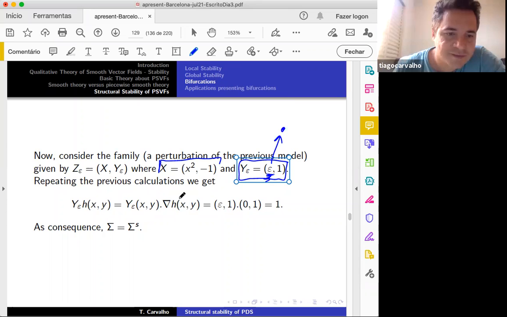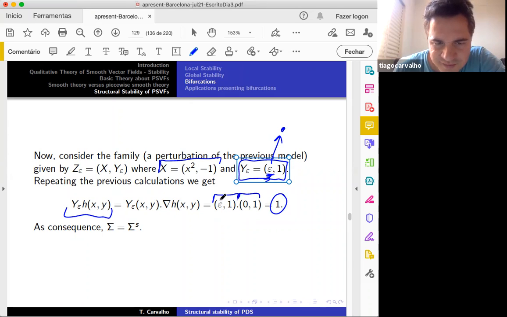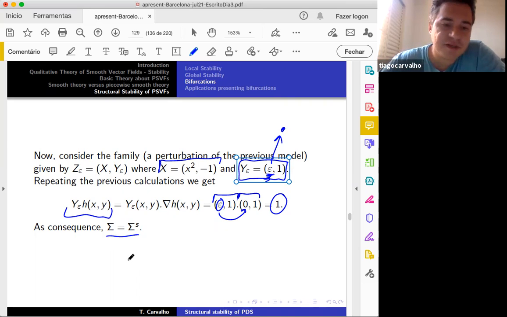So observe that the first Lie derivative is just the same, because here we have this product, and we have this epsilon times 0. This doesn't have any role here. The same happens for X, of course, and all of sigma again is a sliding region.